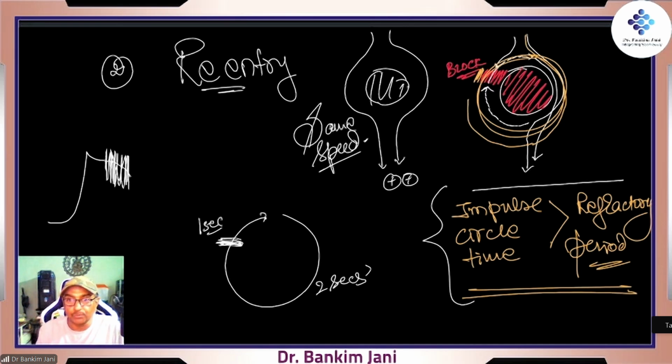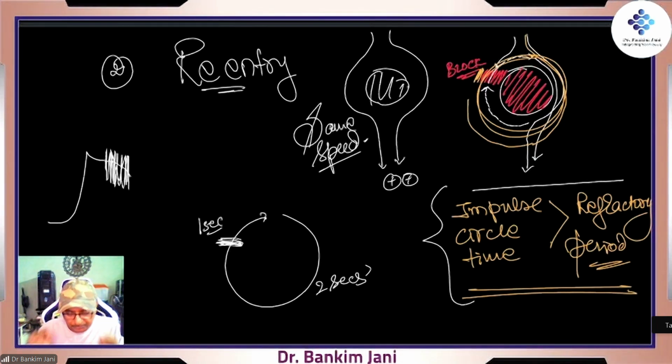As such, there are two types of refractory phase: the absolute refractory period and the relative refractory period. Absolute means any amount of signal you give, it won't work. Relative refractory period means if you give a stronger signal, then there would be some twitch.